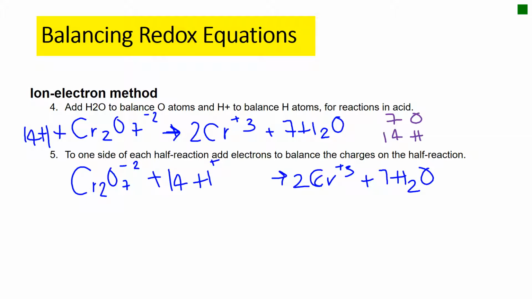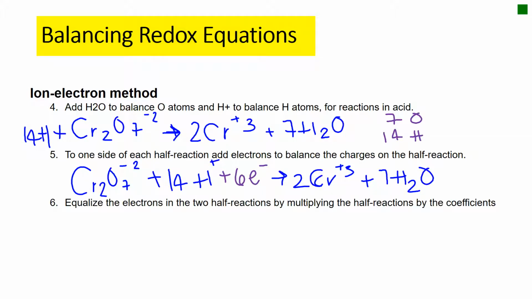So to balance that out, you're going to have to add 6 electrons to have the equal amount of positive charges, so it's going to be 6 and 6.